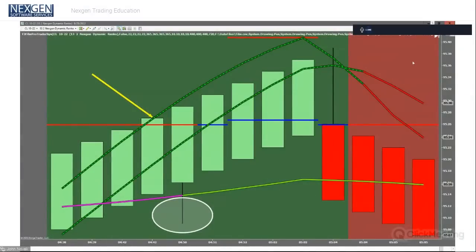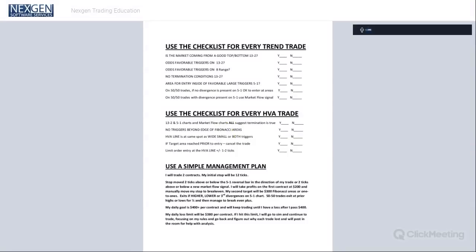Anyway, in this checklist, it says specifically, is the market coming from a good top or bottom, which also includes a breakout? Odds favorable triggers on the 13-2 chart. Now, is everybody familiar with what we're talking about when we say odds favorable triggers?